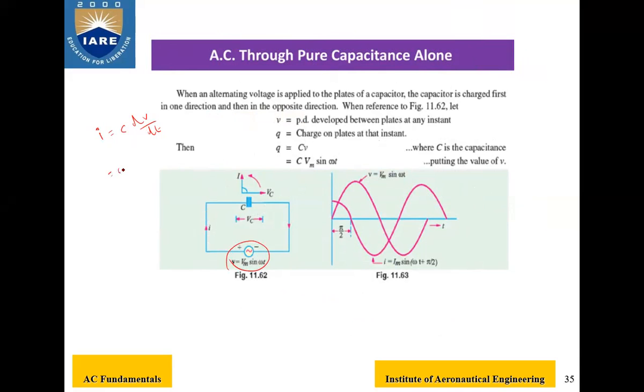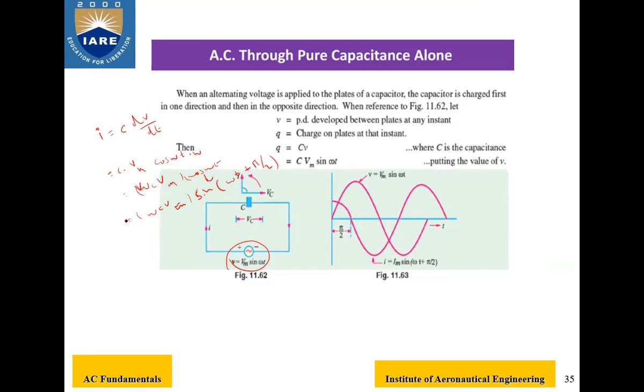C into the derivative of Vm sin omega t gives Vm into cos omega t into omega, so omega C into Vm. This is the magnitude, and the angle is cos omega t. Instead of this, we can write omega C Vm into sin of omega t plus pi by 2, rewriting cos omega t as sin of omega t plus pi by 2.